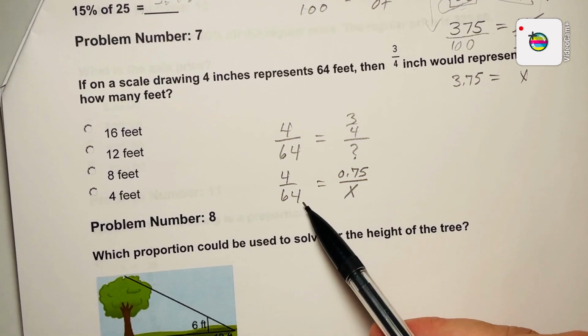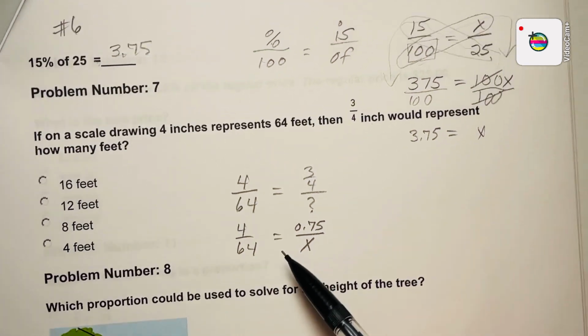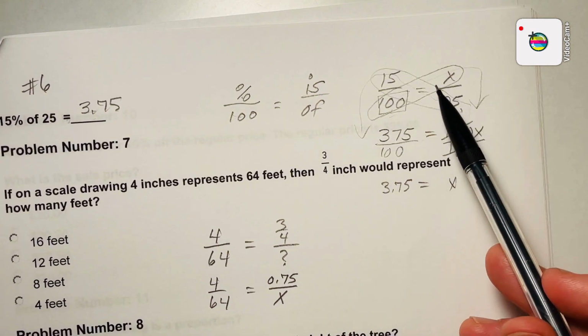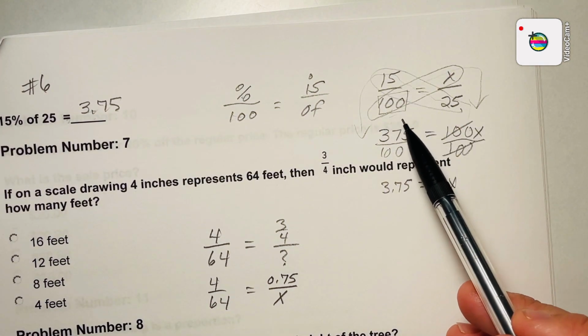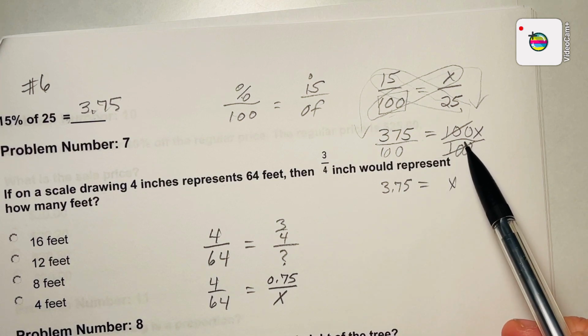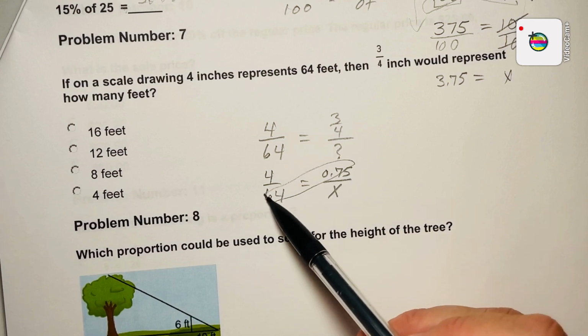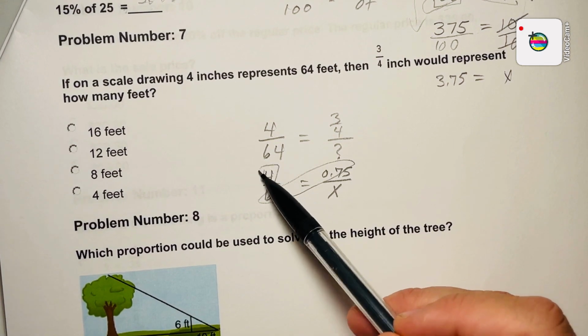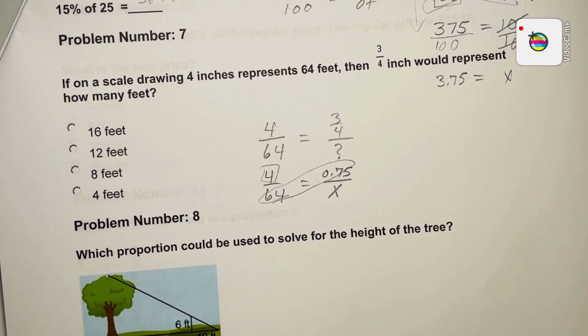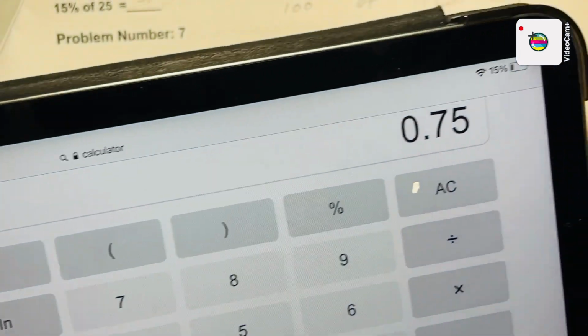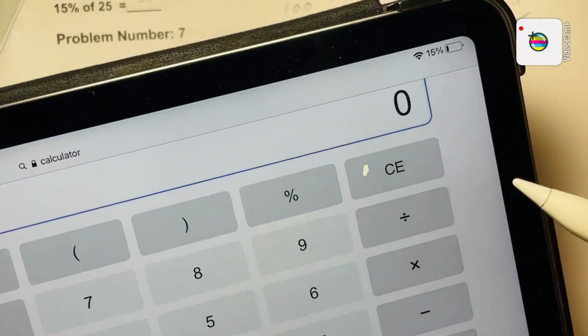Okay? So, instead of writing it all out like I did here, where I put 100 over it or made it 100x, we're just going to cross multiply and then divide to solve. I'm not going to write all that out.